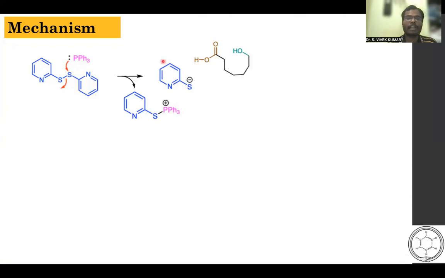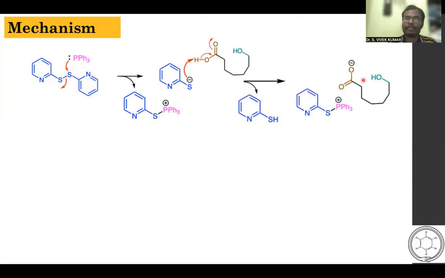Now the 2-pyridyl thiolate ion reacts with omega-hydroxy carboxylic acid, which generates the corresponding 2-pyridyl thiol as well as the omega-hydroxy carboxylate ion. Now this omega-hydroxy carboxylate ion reacts with the 2-pyridyl triphenyl thiophosphonium ion.